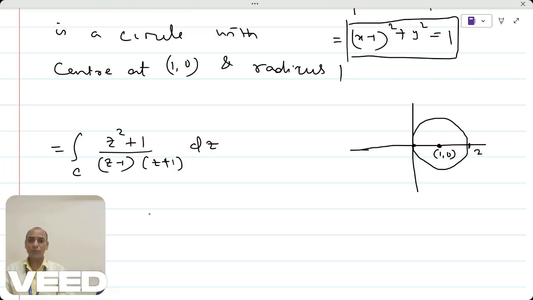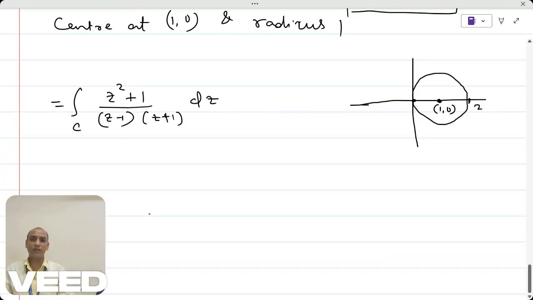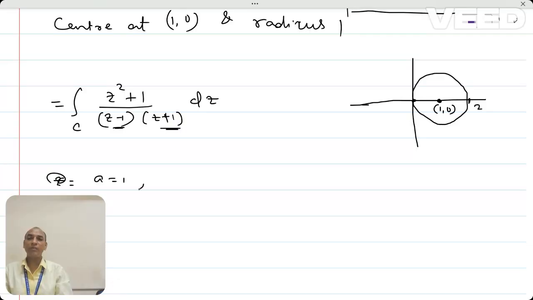Let us see which one is lying inside and which one is lying outside. For one factor I have a equal to 1, and for the other a equal to minus 1. a equal to 1 is x equal to 1 here, so this point is lying inside the circle.